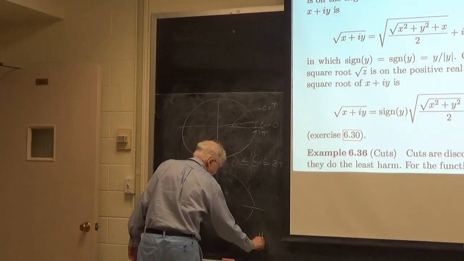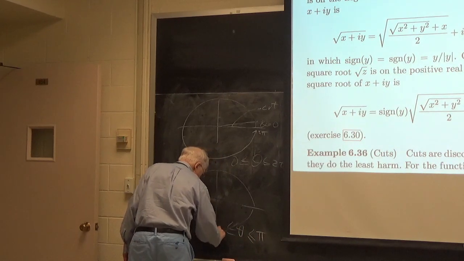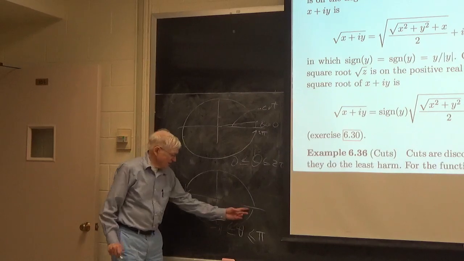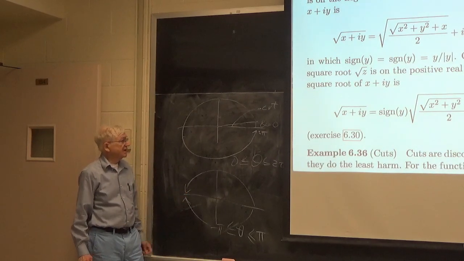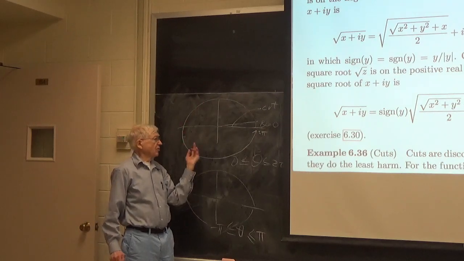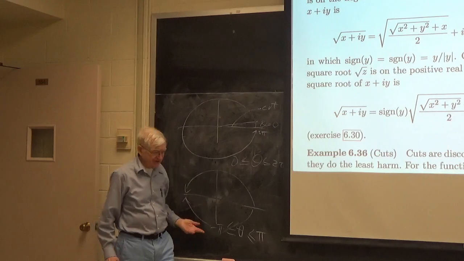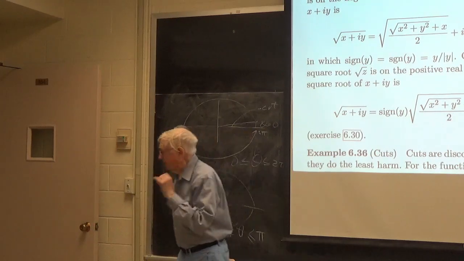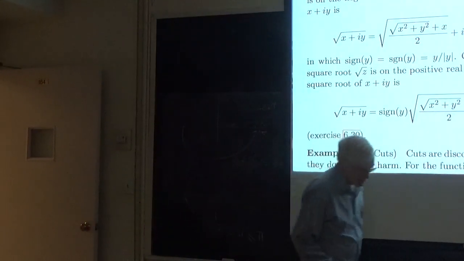Here, it's between pi and minus pi. So here, we go to minus pi. Here, we go to plus pi. Here, we go 0 all the way to 2 pi. So those are the two popular conventions. You can put the cut anywhere you want.